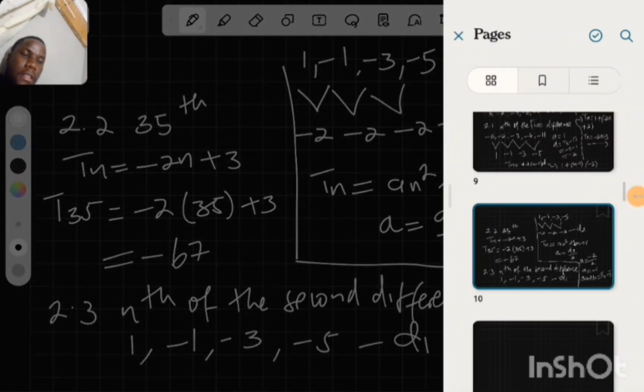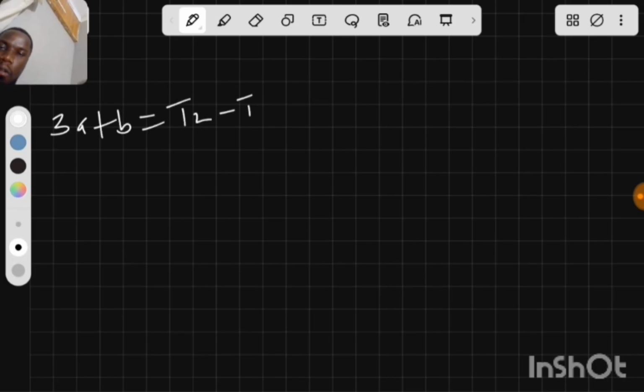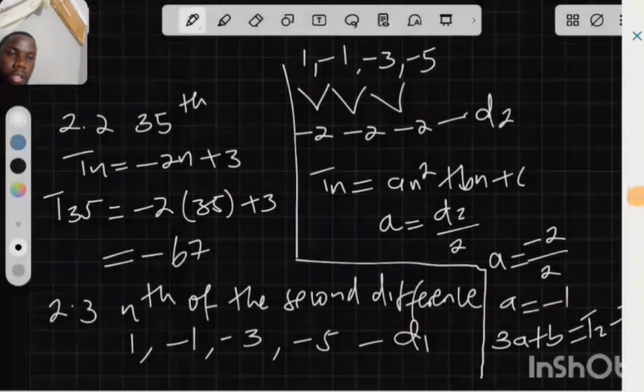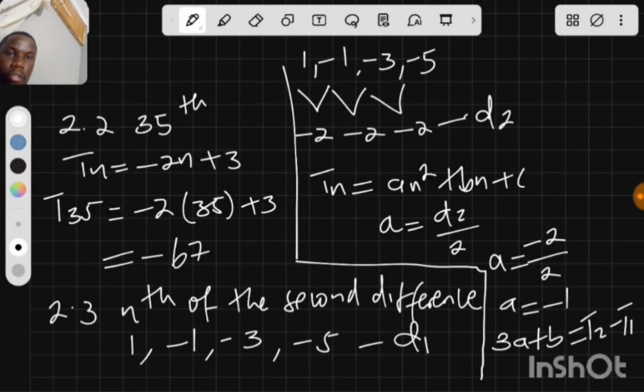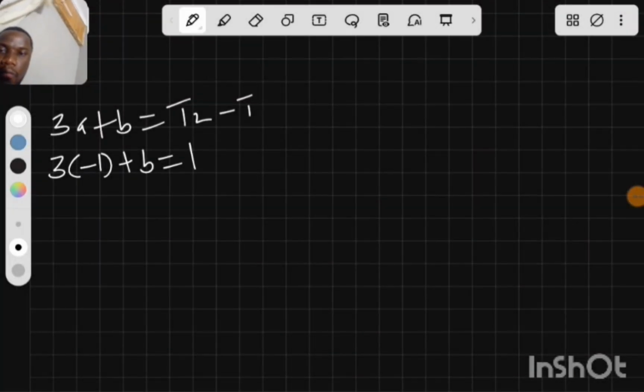I hope you understand. Let's go to the next page, where 3a plus b equals t2 minus t1. Our a, 3 times a is negative 1, plus b, which is equal to t2 minus t1, which is, let's go and check, positive 1.